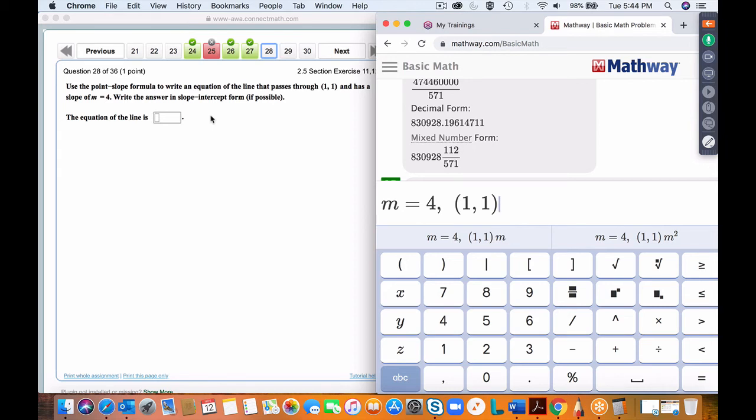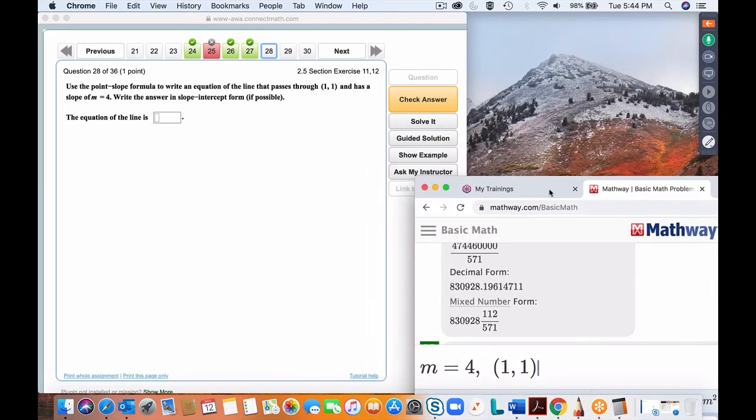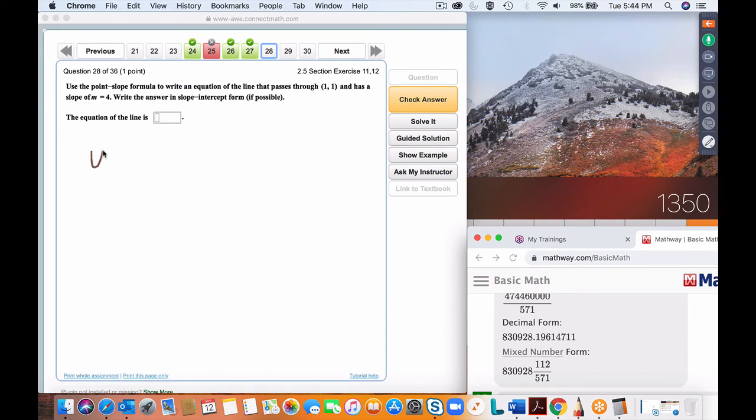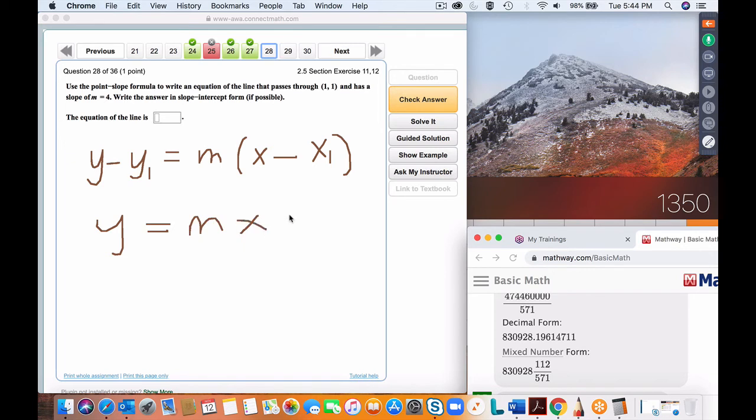They are two different forms. Let me actually write those equations right here. This is the slope-intercept form of the line, and the answer has to be like this. Why?